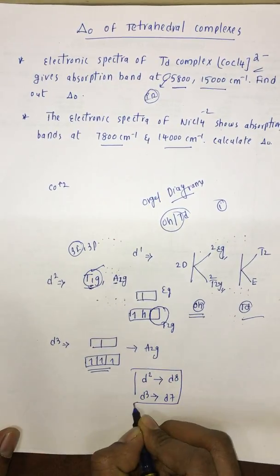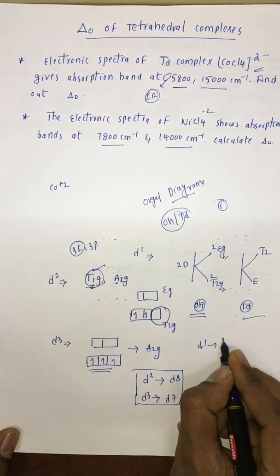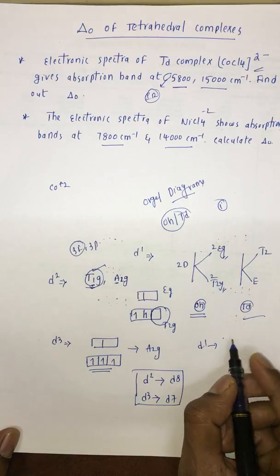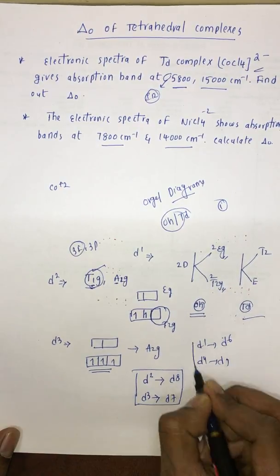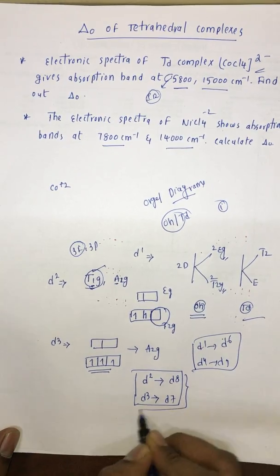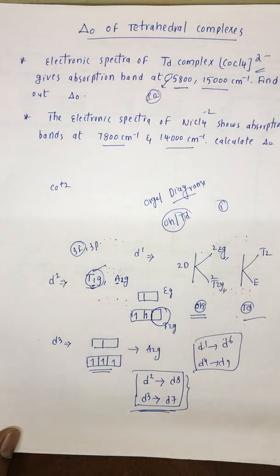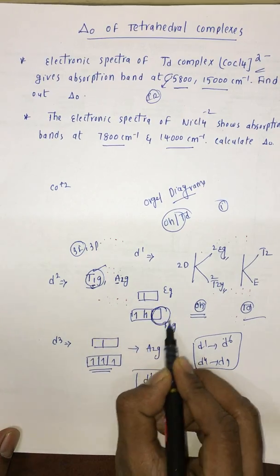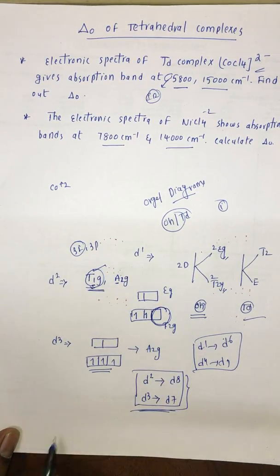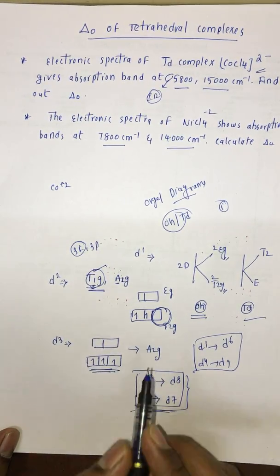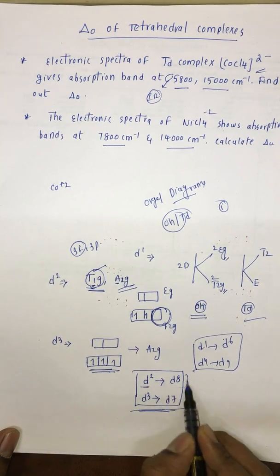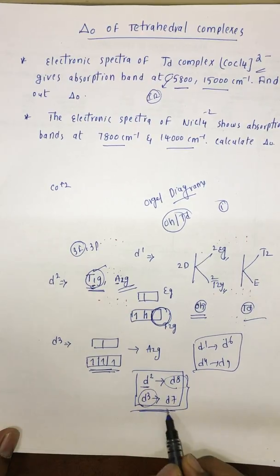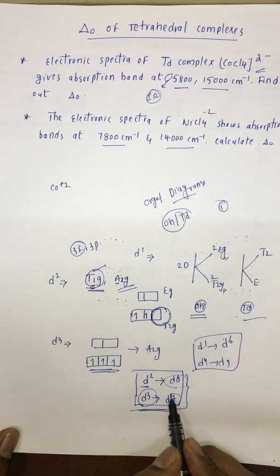That's it. For d1, d6, d4, d9, these are very easy to remember, but there will be confusion among these four. You just remember in d2 one vacancy is there, the ground term will be T1g. In d3 no orbital vacancy is there, so A2g is the ground state.